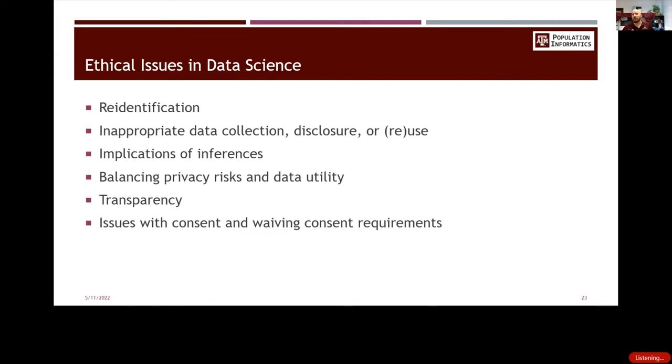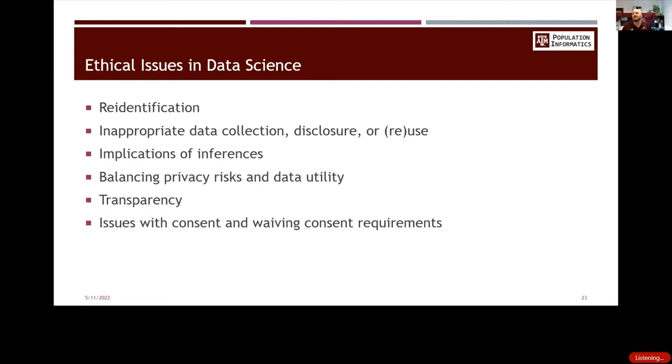For another, the data might have been collected well before the researcher has even formulated the hypothesis they wish to test, right? And so can you really ask those individuals for informed consent if you haven't thought of the hypothesis yet? Can you ask for consent if you don't know who they are?